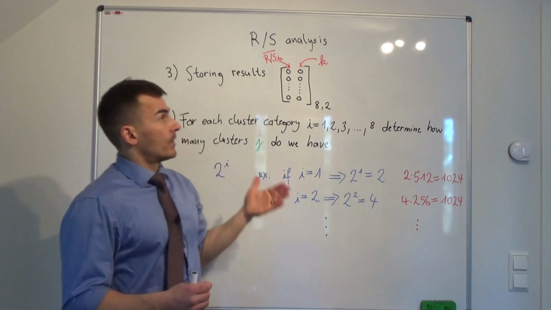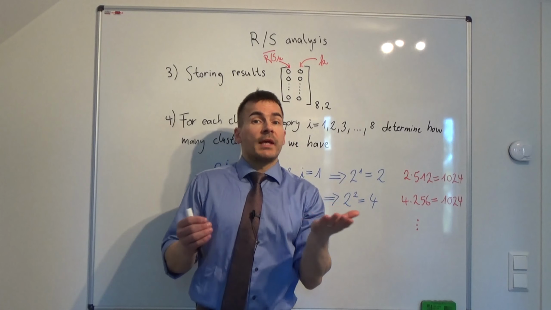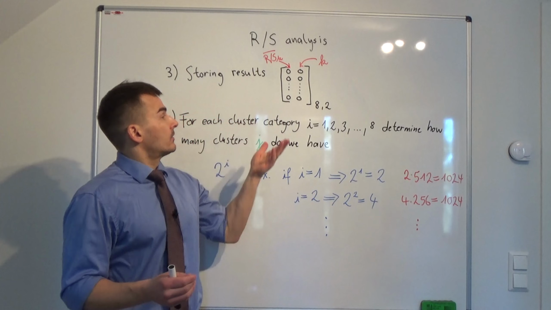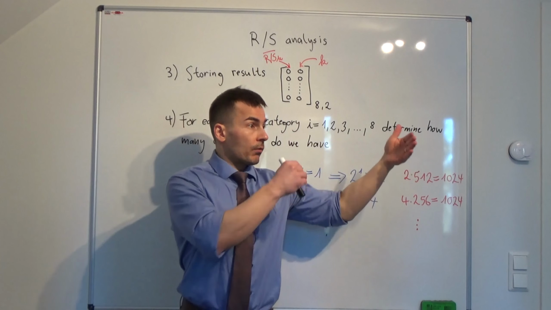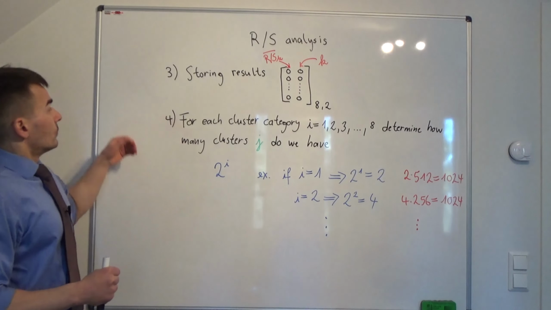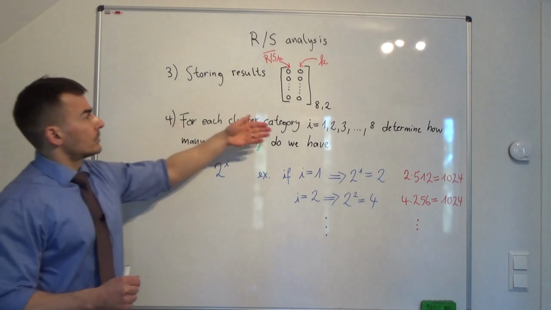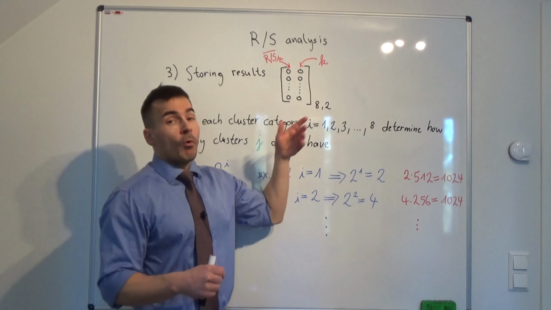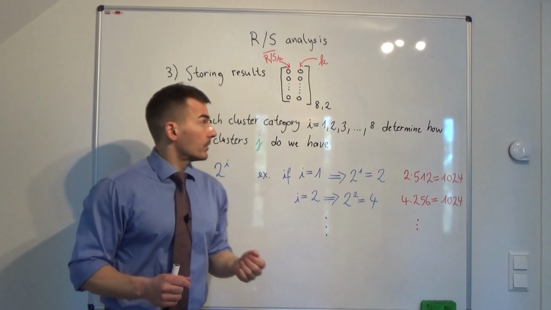We come back to that later. So we have to take the average of this rescaled range statistic for each of the clusters. You can also think about how this might look if we have more or less than 8 categories.